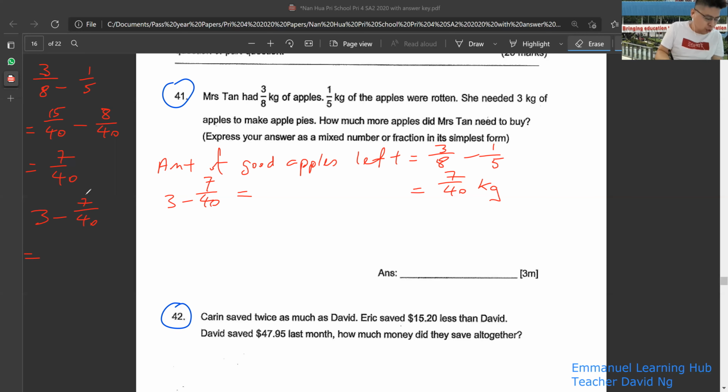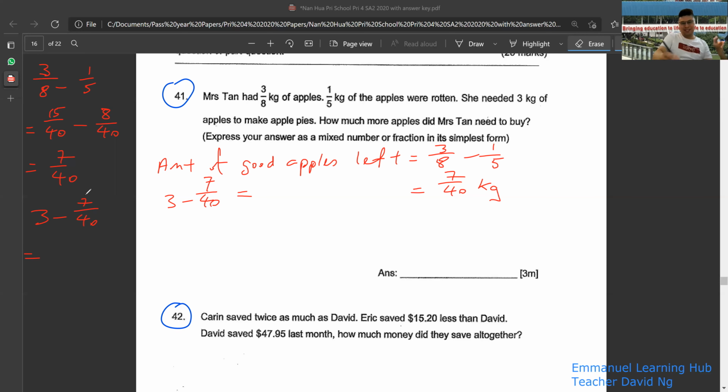You should change the 3 to what? I don't know.